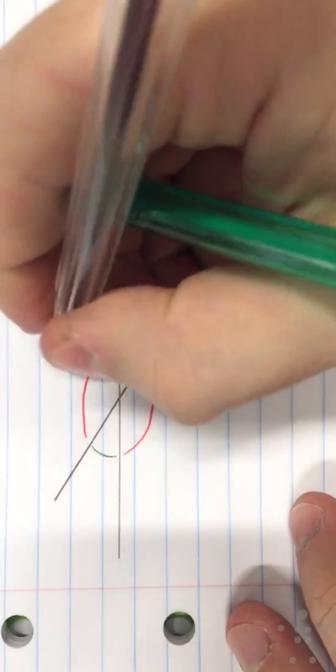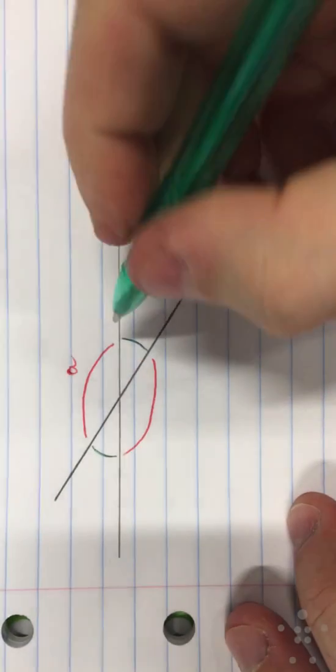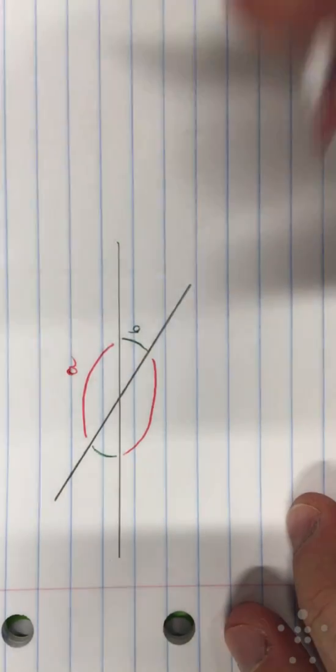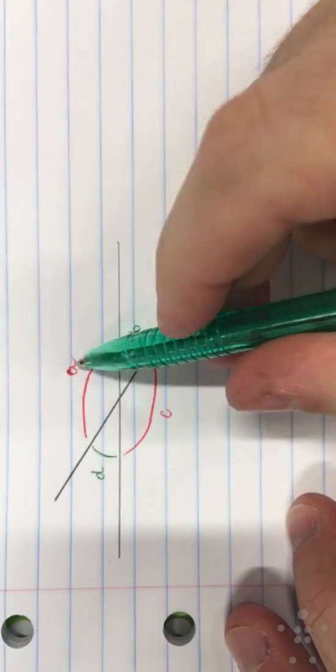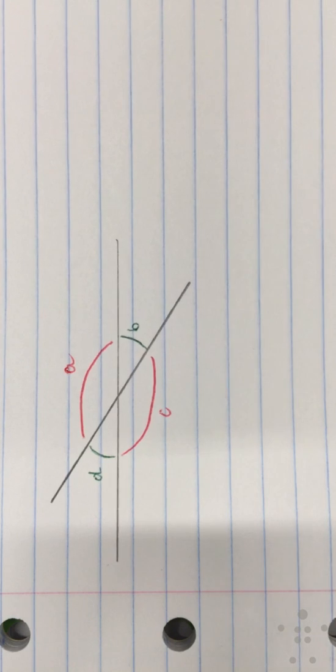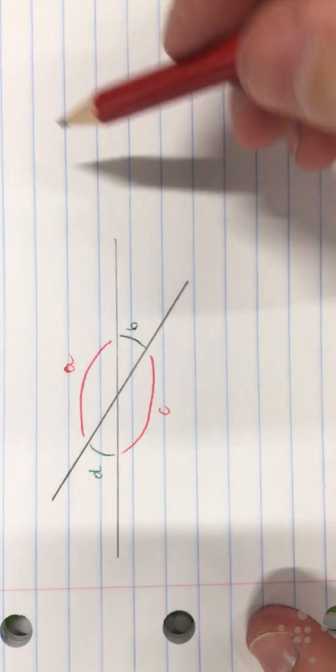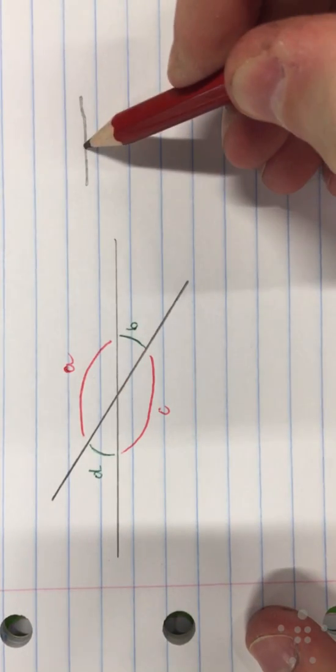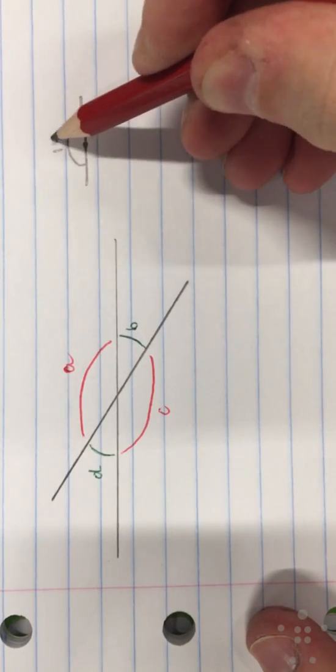So let's label these. Let's call this one A, let's call this one B, let's call this one C, let's call this one D. A, B, C, D. Now we know from our previous learning on supplementary angles that, of course, I'll draw it over here, when you have a straight line, it's 180 degrees.